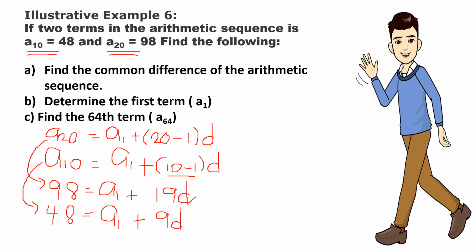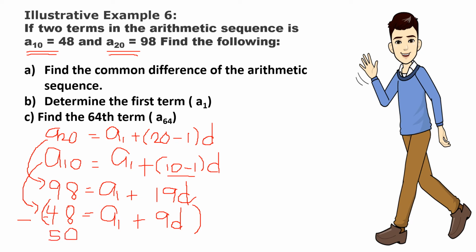Okay. So, ang intention natin is solve yung ating letter D. So, gagamitin natin ang subtraction. Subtract natin para ma-eliminate natin ang ating A sub 1. So, magiging 98 minus 48. The answer is 50.